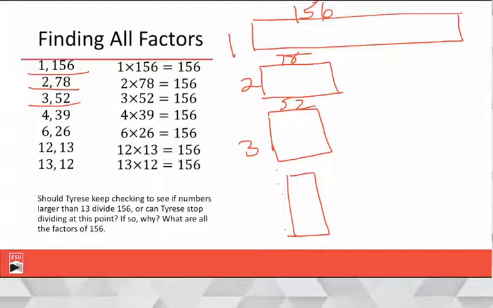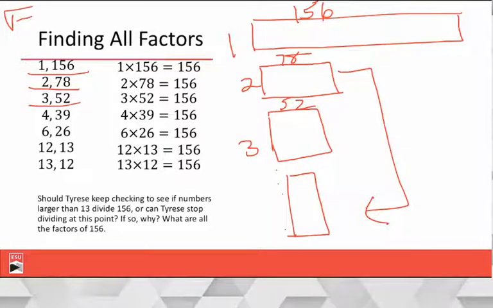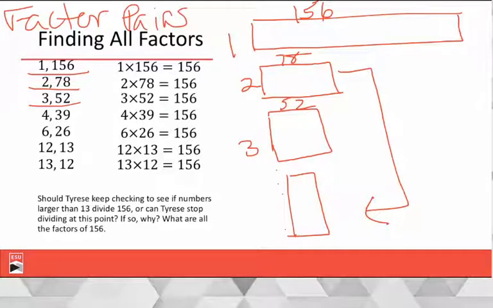That's the point where we start getting this shape repeated, except it's just rotated. Every factor pair, as we'll call these, as this first column increases, the second one decreases.